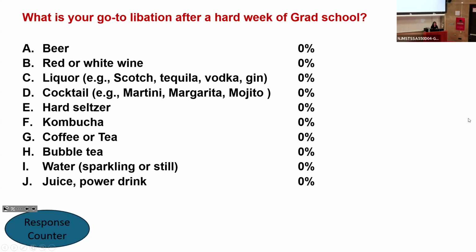Okay. Water. Water's a must, right? Water's good. Sparkling or still. Juice. I think in general, in other classes, like in the other PhD program classes or in med school, the most popular one is cocktails.